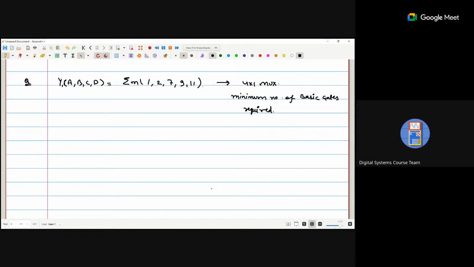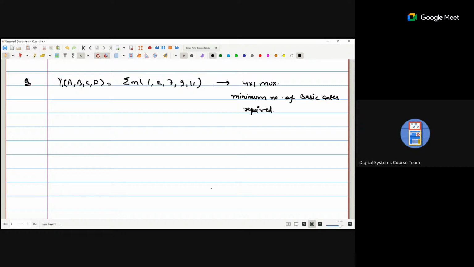Can you solve it? In basic gates, we will use AND gate, OR gate and NOT gate.